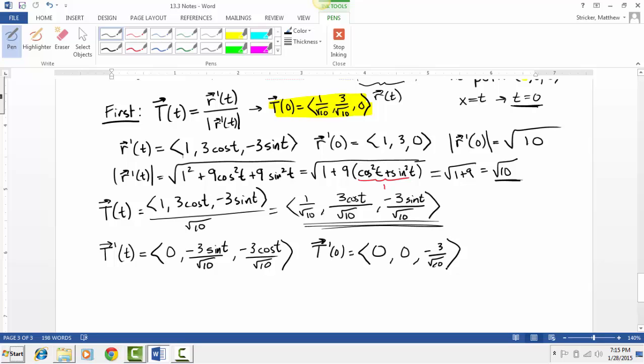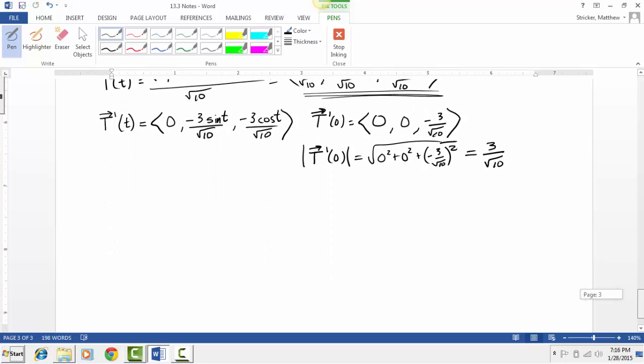And the magnitude of T prime at 0 is the square root of 0 squared plus 0 squared plus negative 3 over root 10 squared, which obviously is 3 over root 10.